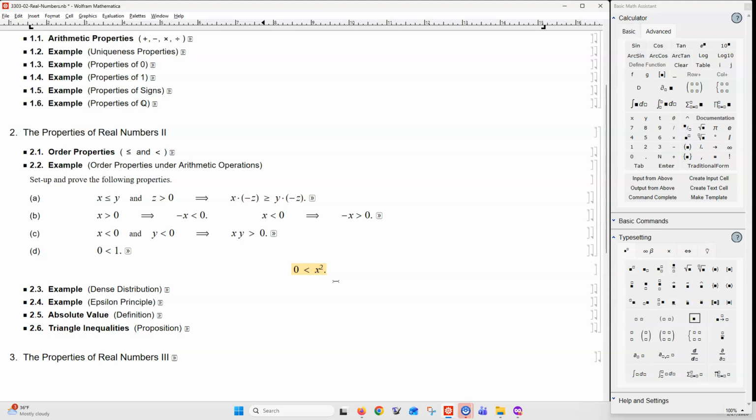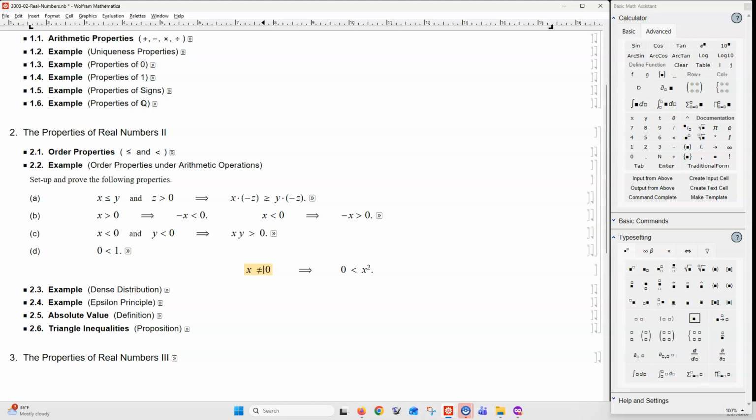Try to consider this, try to prove this one. No matter what x is, oh wait, excuse me, when x equals 0, then it doesn't work. So, all right, if x is non-zero, then x squared is greater than 0. You can prove this one.